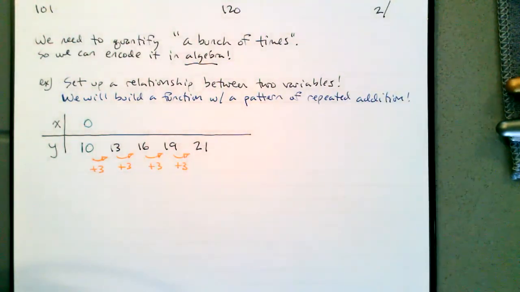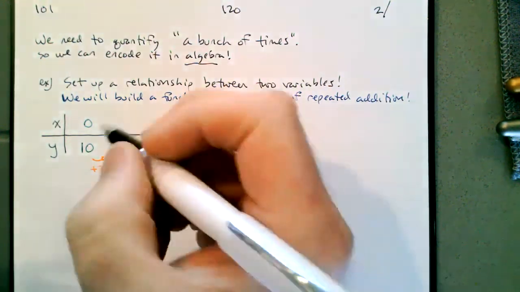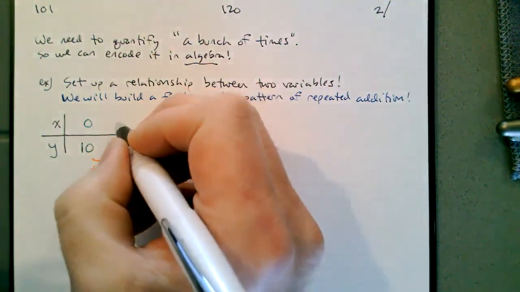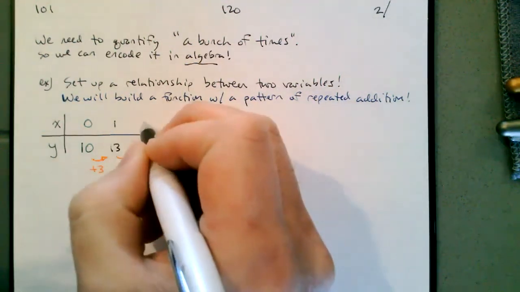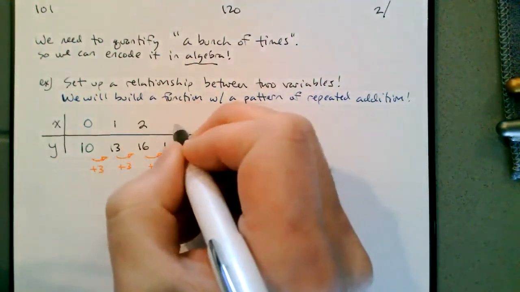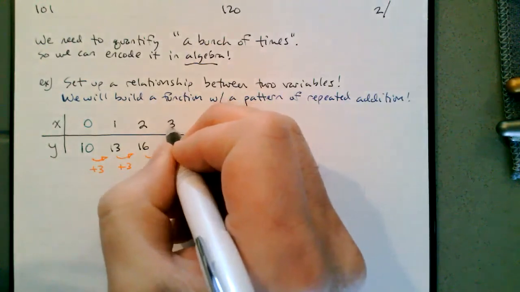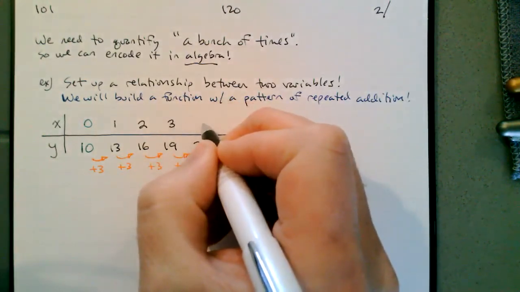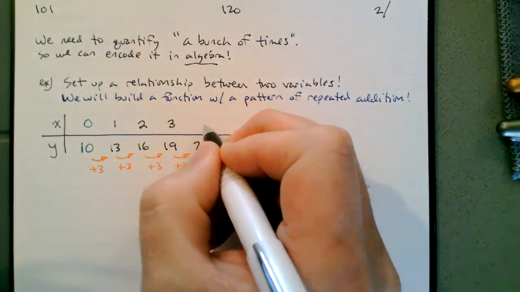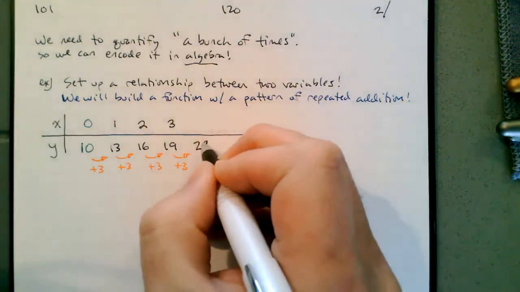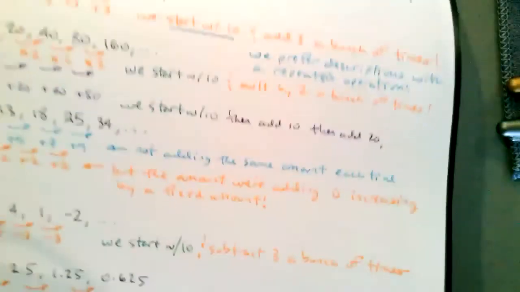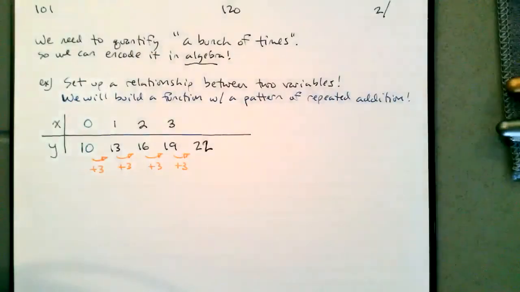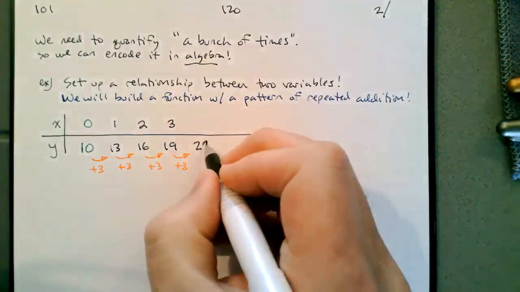And I'm just going to use another variable to count the number of times that we've added 3. When we go from 10 to 13, we've added 3 one time. And then from 13 to 16, we've added 3 two times. And then 19 is adding 3 three times. 22, we've added 3 four times. Oh no, I had 22 on the previous page. I don't know why I was thinking 21.